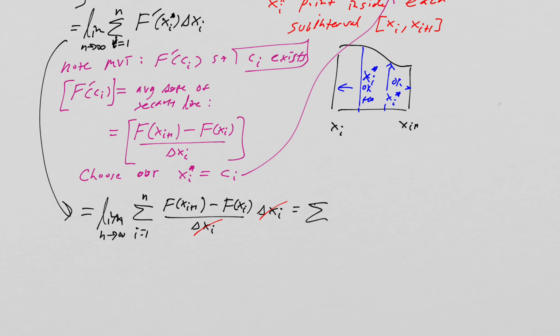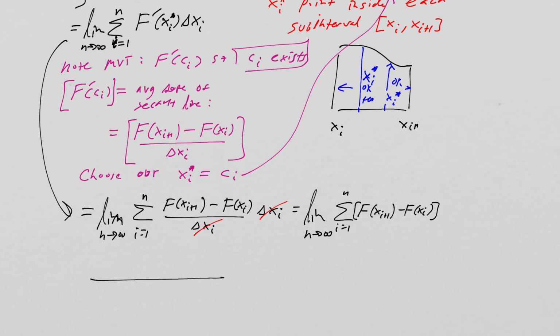well, I'll just write it out simply here. Limit as n goes to infinity of the sum i equals 1 to n. We're going to have an f of xi plus 1 minus f of xi. So this is a very, very odd summation.